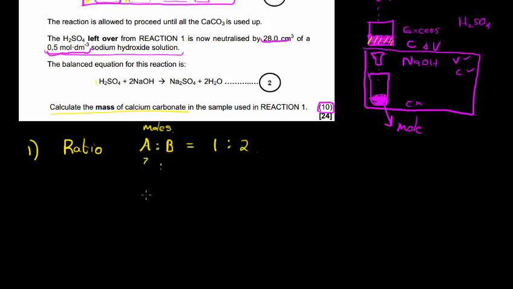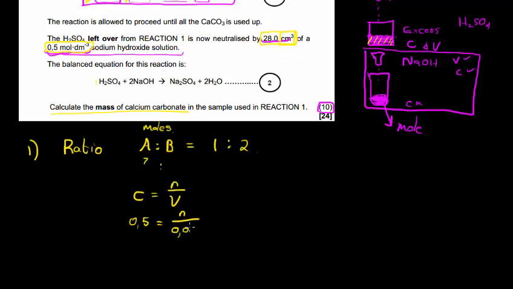If we look at our base, that volume and that concentration, concentration is moles, which is n over V. We know the concentration is 0,5, equal to n, my moles, which is what I'm trying to find, divided by my volume. Here we must be very careful. We do not work in centimeter cubed, we work in decimeter cubed, so we must divide by 1,000.